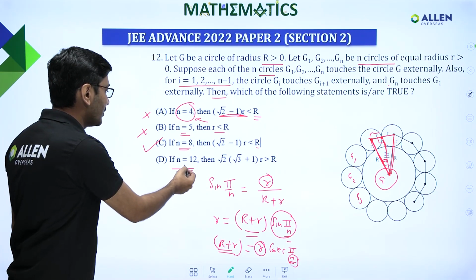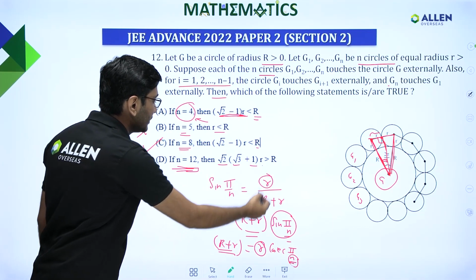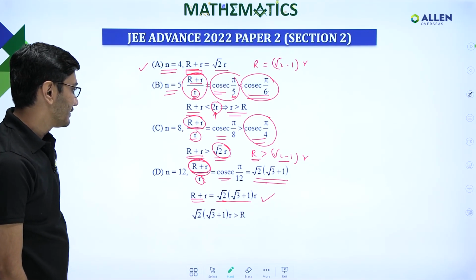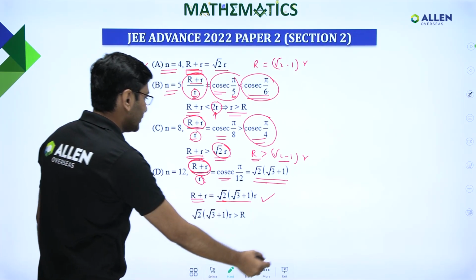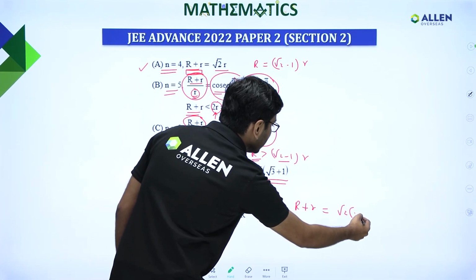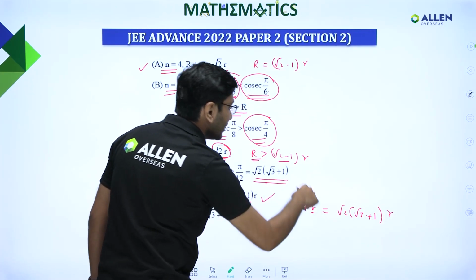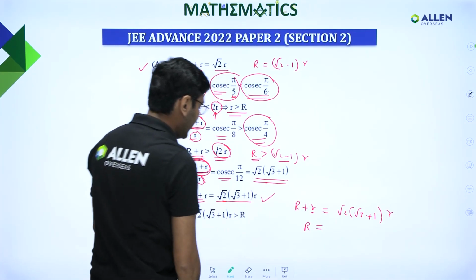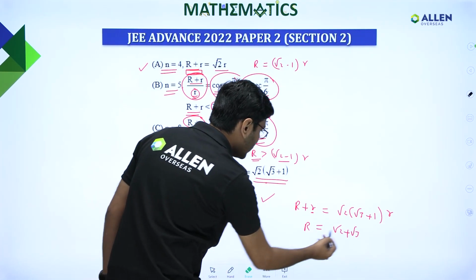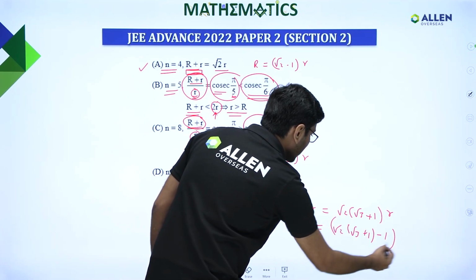If you just look at option D, it is saying that when n is equal to 12, you should get root 2 times (root 3 plus 1) r should be greater than 4. But what exactly are you getting here after putting this value? You are getting (capital R plus small r) divided by r equal to root 2 times (root 3 plus 1). So if you take this r on the right side, you will get capital R is equal to (root 2 into (root 3 plus 1) minus 1) into r.